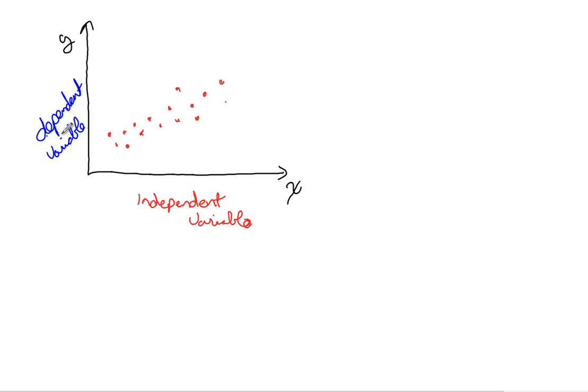And so as the independent variable increases, our dependent variable also increases. And this is what we call a positive linear relationship.